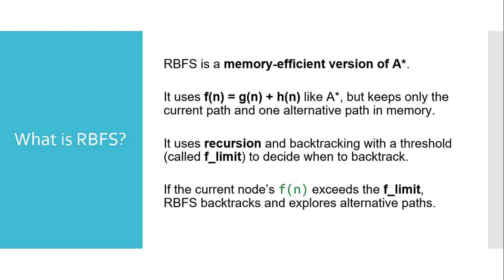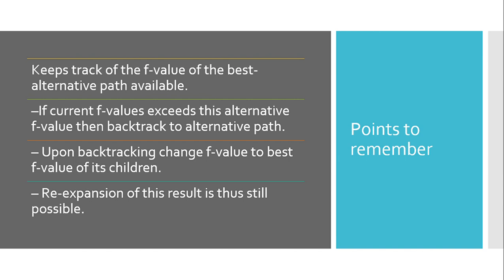It uses recursion and backtracking with a threshold called f limit to decide when to backtrack. If the current node's f(n) exceeds the f limit, then RBFS backtracks and explores the alternative path. These are the few points you always have to remember whenever you want to apply RBFS.